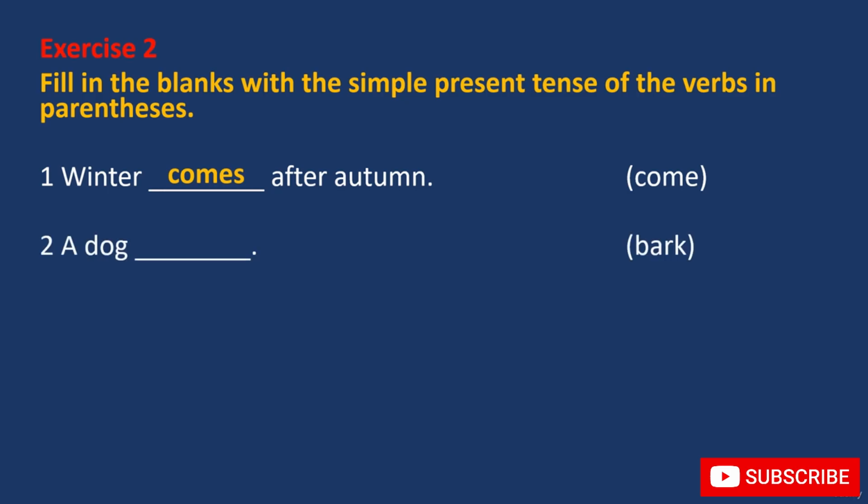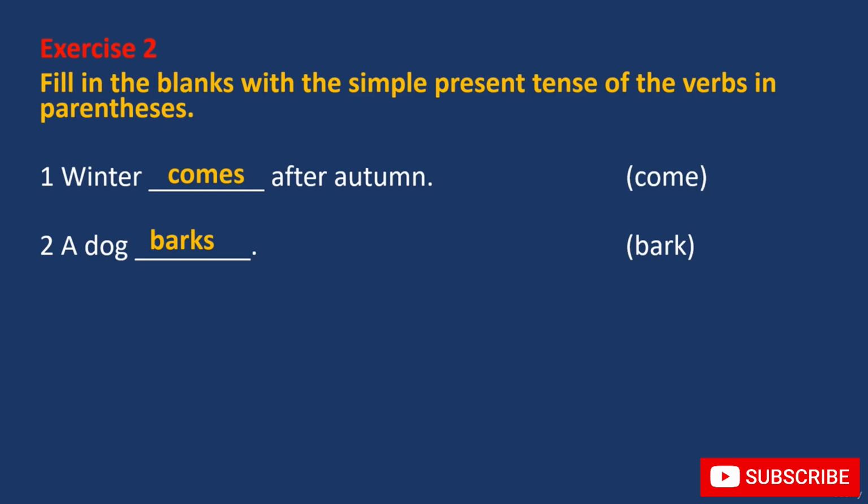A dog. Bark or barks? A dog is singular, so I say a dog barks. But if I say dogs, so dogs bark without s. I play, you play, they play, we play.